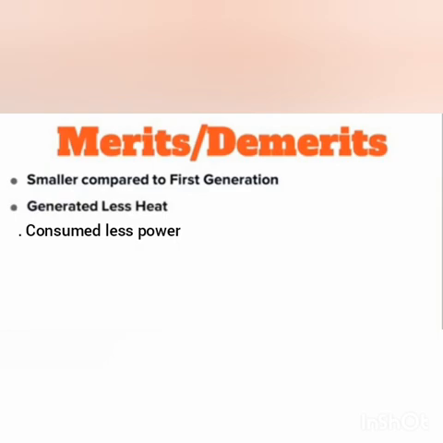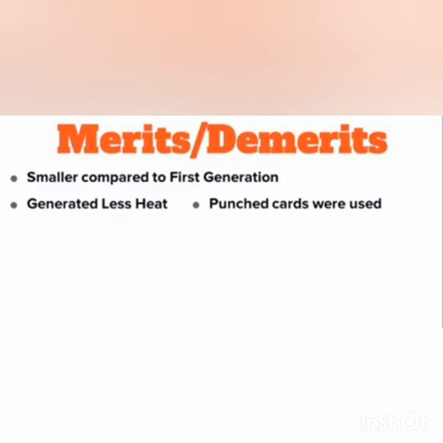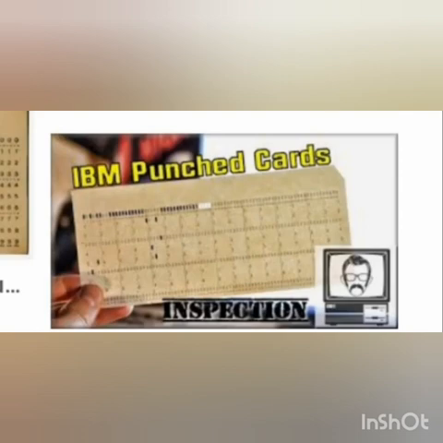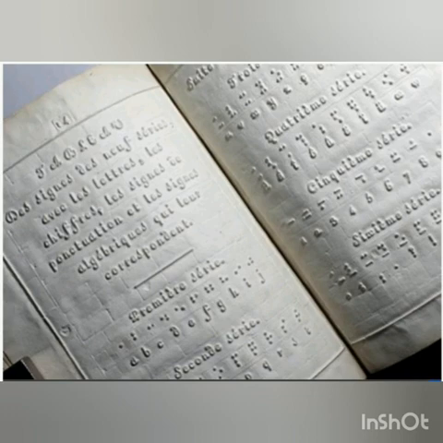And the fourth point is that punched cards were used. A punched card is a thick card with impressions on it, where the data are stored in the impressions and read with the help of a reader. A real-time example is the Braille book, which blind people use to read text.